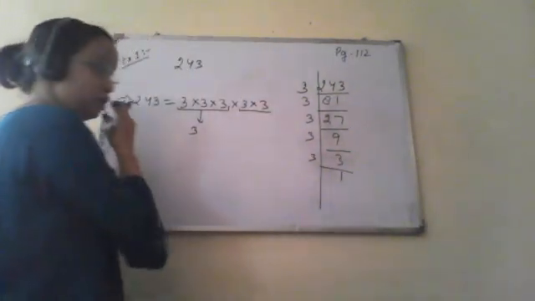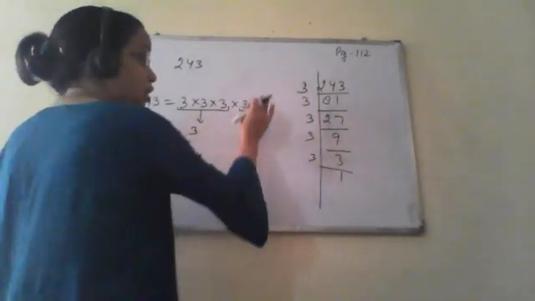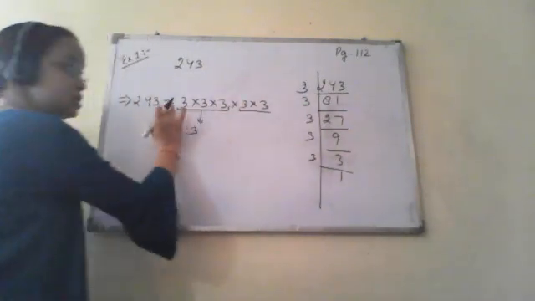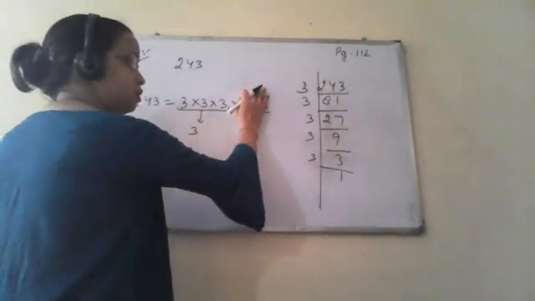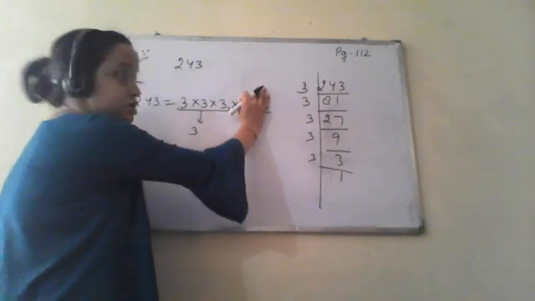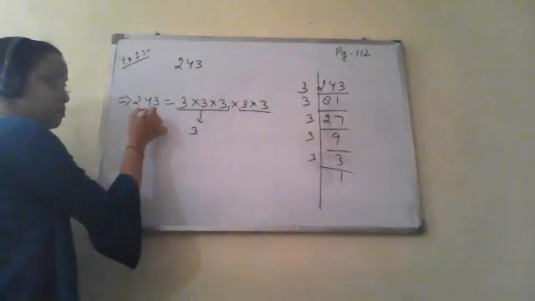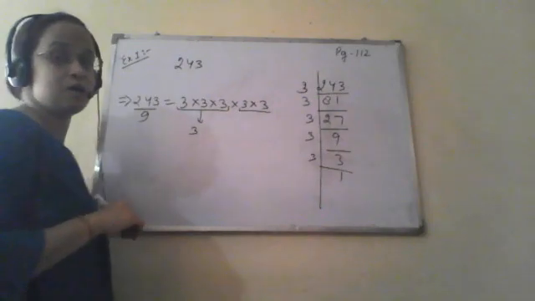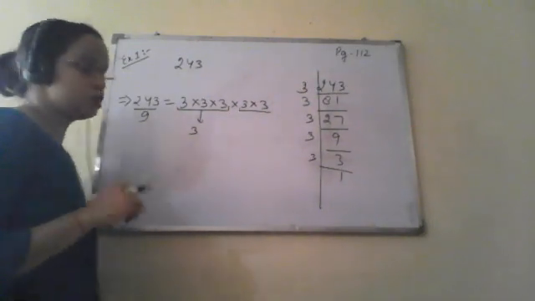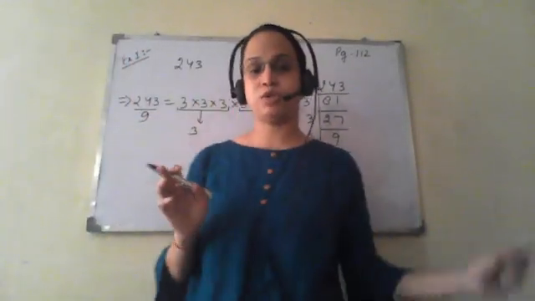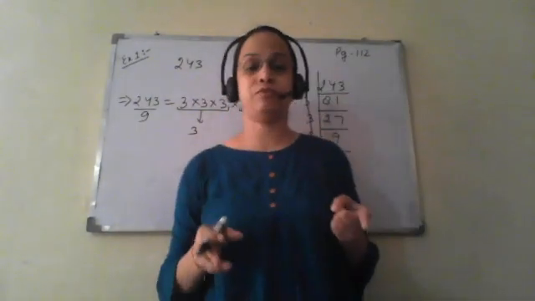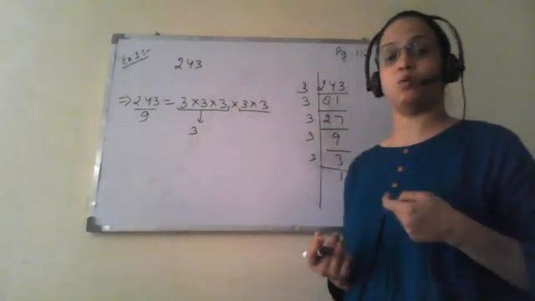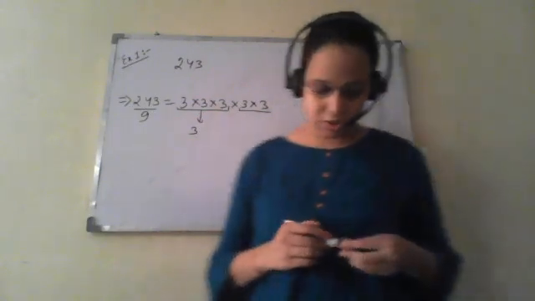In the case of division, we have to remove these two threes, because this triplet is complete. That means we have to divide this number by 9 to make it a perfect cube. So the question can be asked either way. First we do the prime factorization of the number, and from each set of three, that is a triplet, we take out one number.